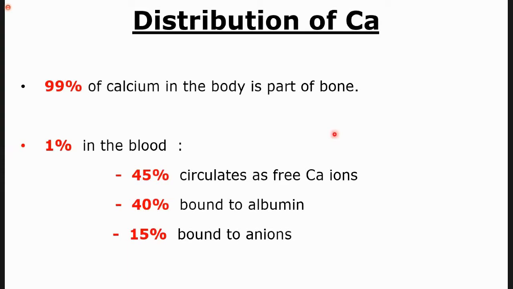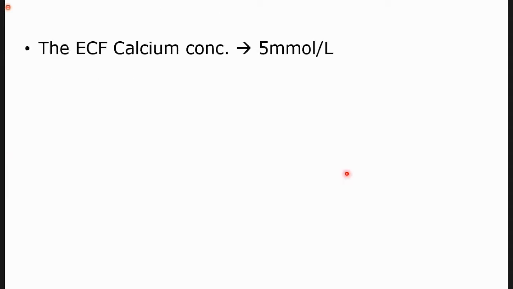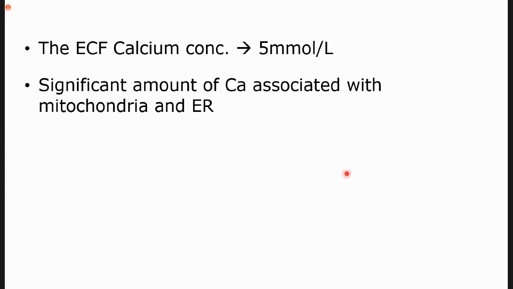We have to check this plasma calcium level, which plays an important role in bone health. Now, the extracellular fluid calcium concentration is approximately 5 millimoles per liter, and a significant amount of calcium is associated with the mitochondria and the endoplasmic reticulum.